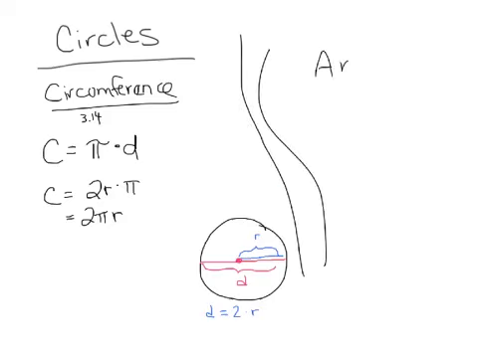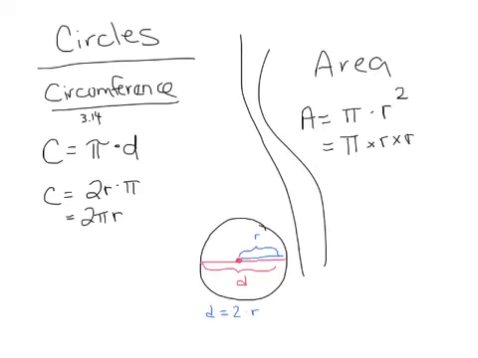Area, and you'll notice here I just have one length, either the diameter or the radius. I don't multiply them by each other. The area of a circle is given by taking pi times the radius squared. In other words, I'm going to multiply the radius by itself, r times r.